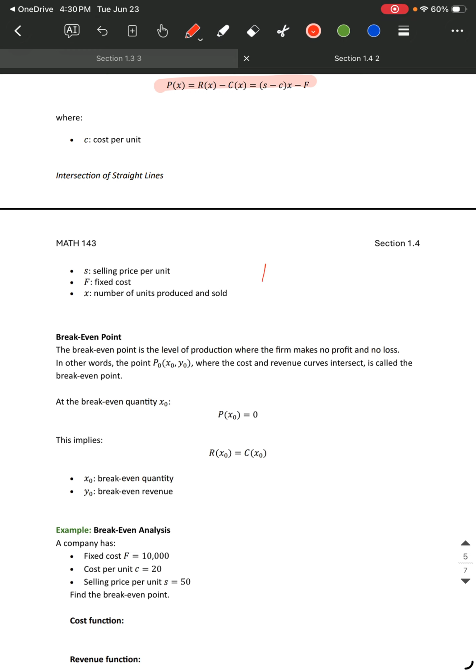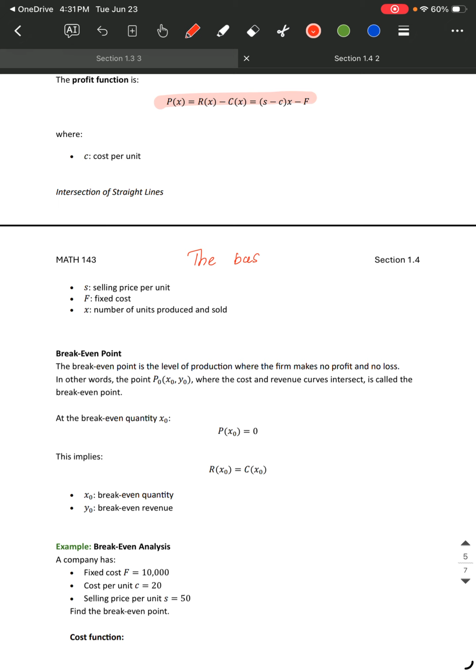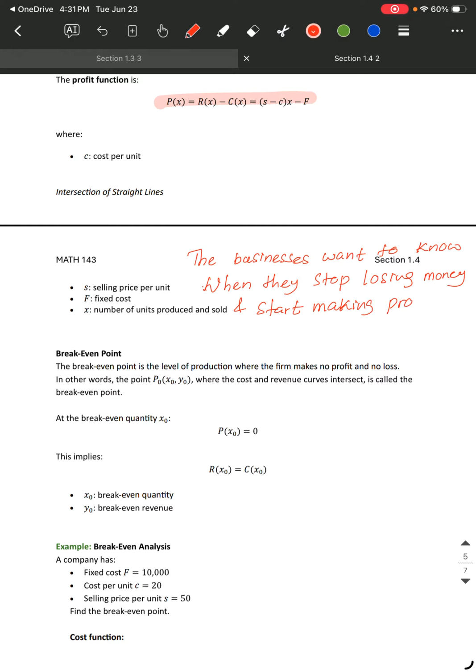So the break-even point is when businesses stop losing money and start making profit.